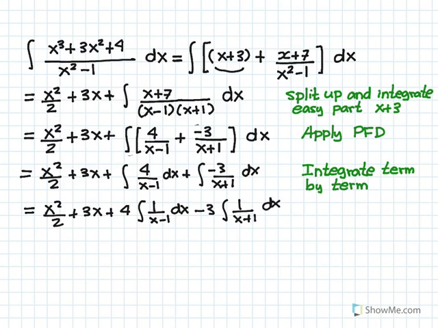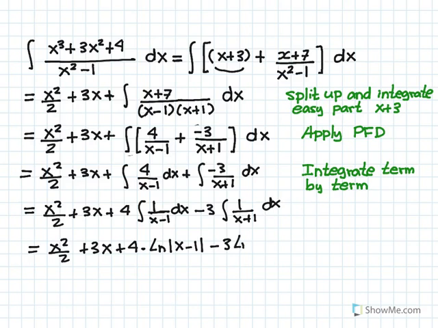Now we can integrate term by term. So we have x squared over 2 + 3x plus 4 times, what is the antiderivative of 1 over x - 1? This can be done by u substitution, and we will show that later. So that's going to be log of the absolute value of x - 1. Minus 3, what is the antiderivative of 1 over x + 1?